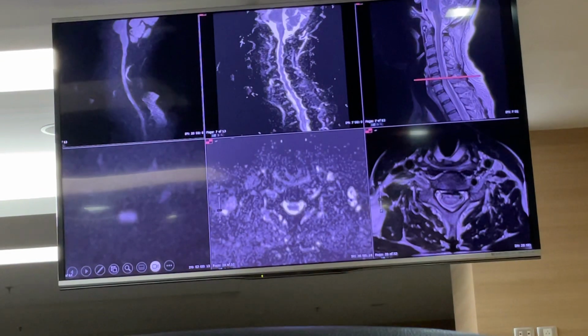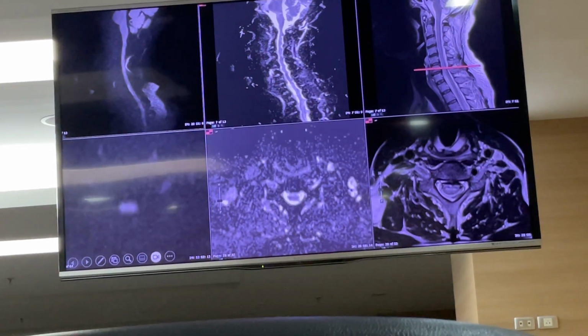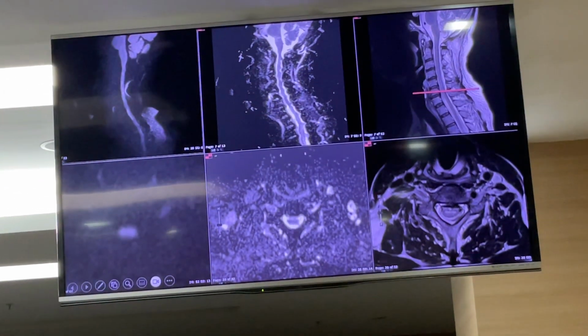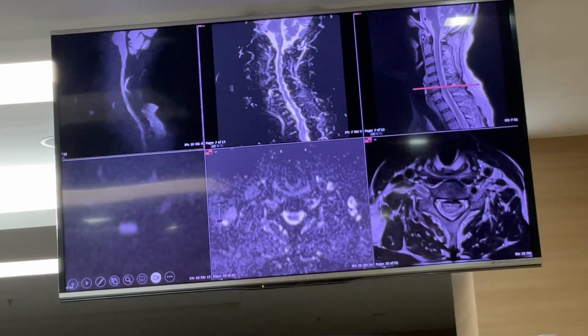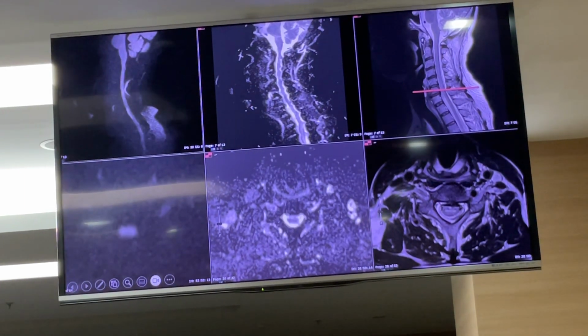Okay. This patient came to the hospital with acute weakness, and the doctor was suspicious of acute spinal cord infarct or acute myelitis. You can see we have seen the T2 hyperintensity in the spinal cord, but it's sort of subtle, right? Is it artifact or not? We don't know. We have to confirm at the axial view. On axial view, we see T2 hyperintensity over the anterior horn of the spinal cord bilaterally.